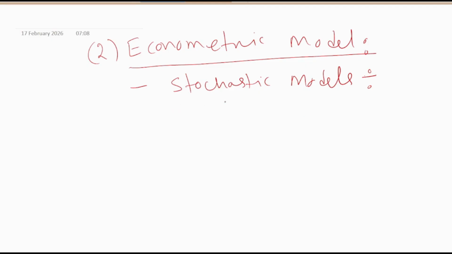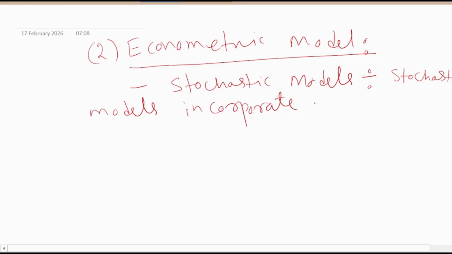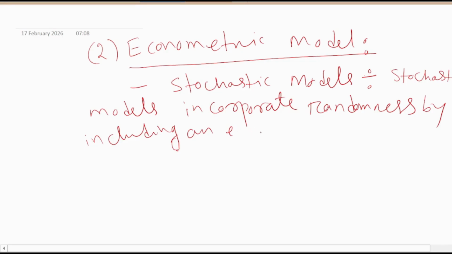Stochastic models, we can say, incorporate randomness by including an error term in the equation.